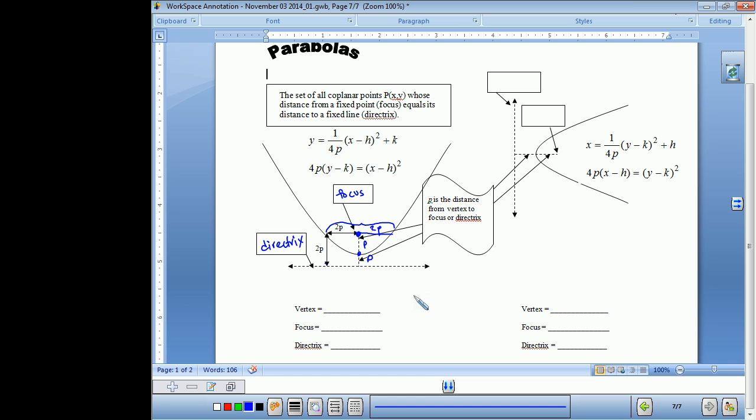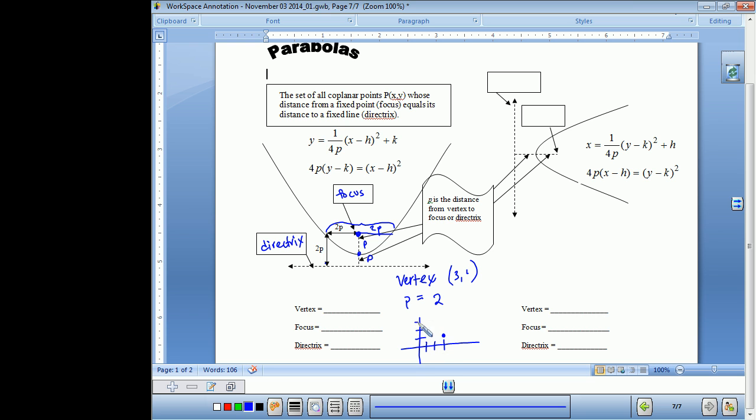So if we had a graph, and let's say you knew the vertex was the point (3, 1) and that P was 2, we could sketch a quick graph by going over 1, 2, 3, up 1, vertex.